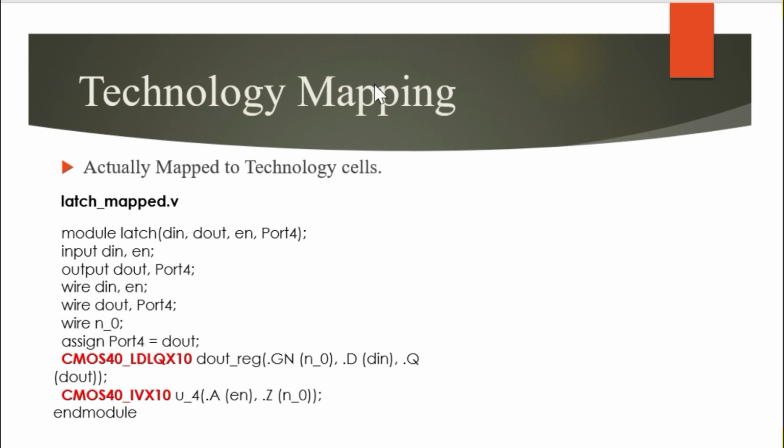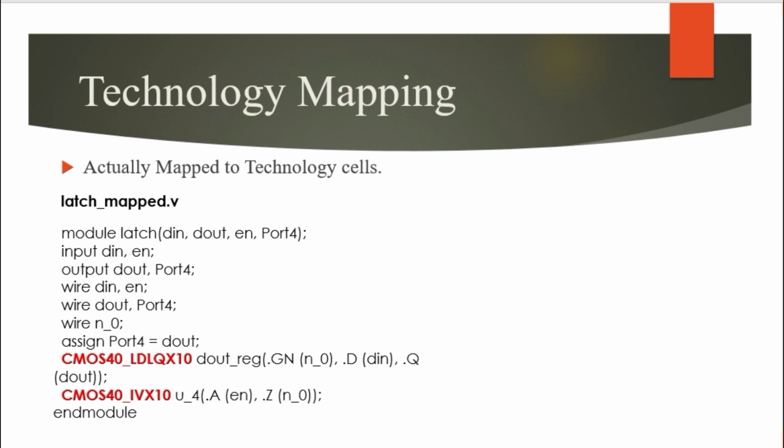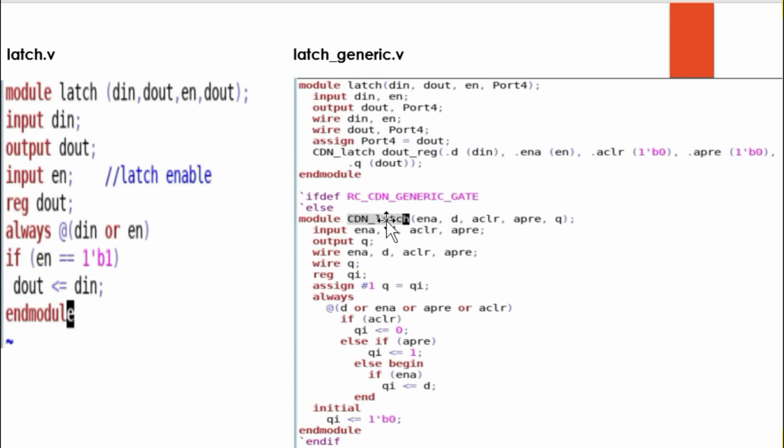So during technology mapping, these generic cells are mapped to a specific target technology library. Generic cells are independent of any technology, they just contain the functionality. They can be mapped to any technology, like CMOS 40 nanometer, CMOS 28 nanometer, or anything other than CMOS as well.